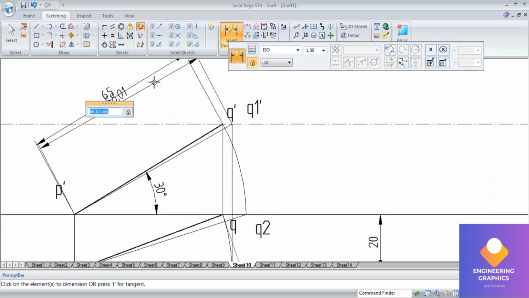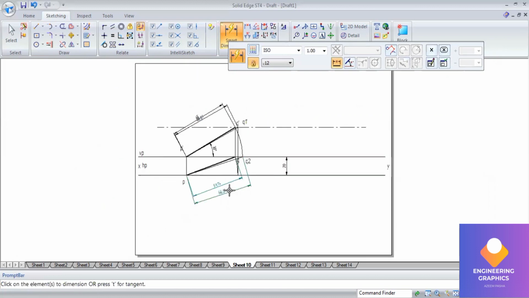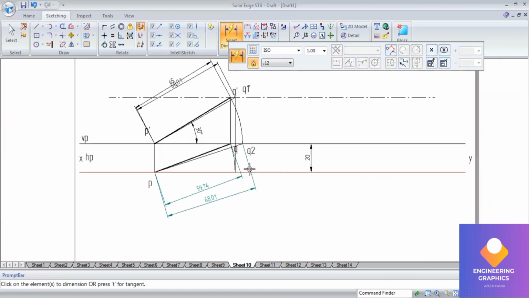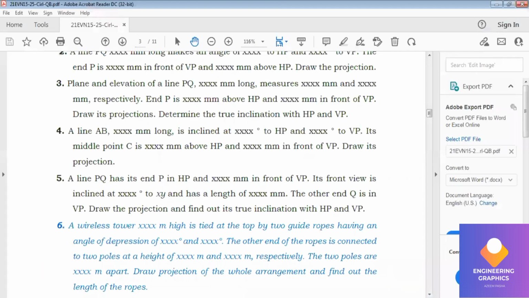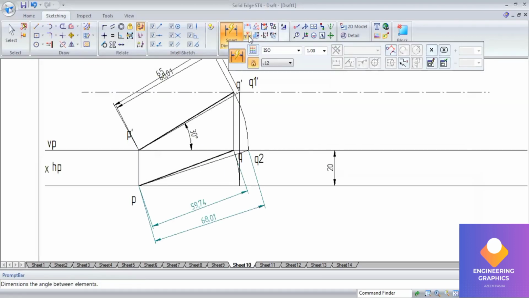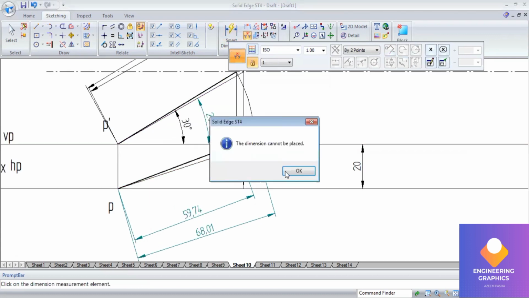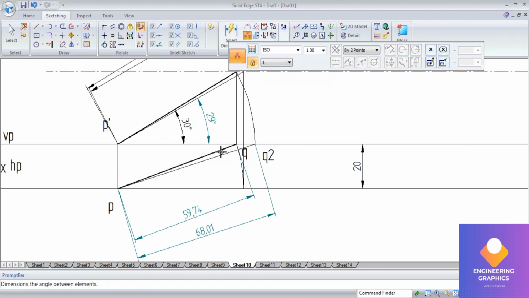Now I can mention the dimensions here and mention the angles. Find out its true inclinations with HP and VP. So the true angles of inclination we have to find out. This is the first angle of inclination to the true length, and this is the second angle of inclination to the second true length.